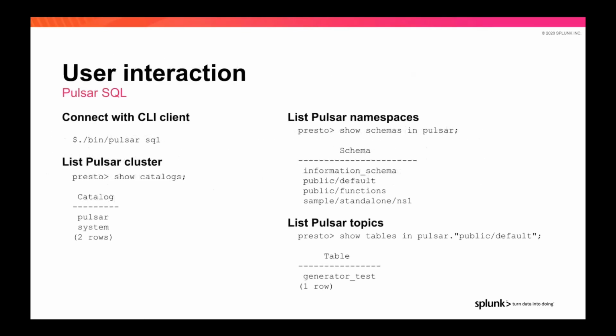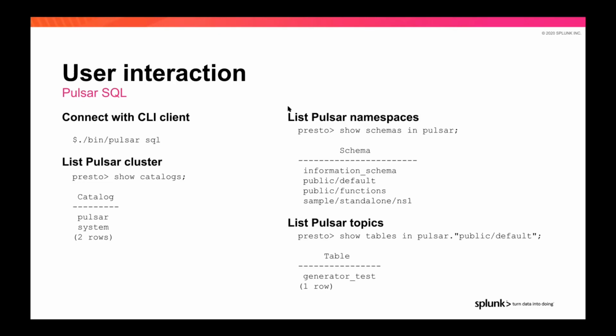Now that I've given an overview of the architecture of Pulsar SQL, I wanted to briefly talk about how users can interact with Pulsar SQL, at least on a command line level. So we have all these tools built for Pulsar SQL to allow users to have a user-friendly experience, right? What's included in the Pulsar package is already a CLI client.